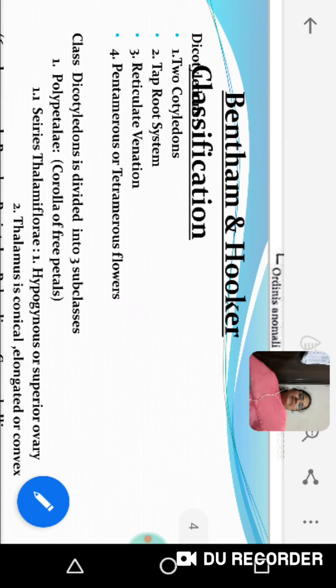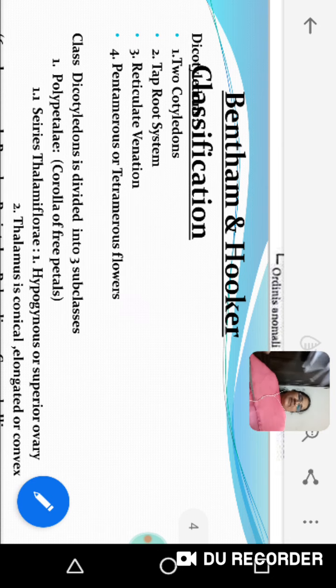Number one is the presence of 2 cotyledons. Second, presence of a taproot system, third, presence of reticulate venation in the leaves, and also pentamerous or tetramerous flowers. Pentamerous means the parts are in 5s: 5 sepals, 5 petals, 5 stamens. Tetramerous means 4 sepals, 4 petals and 4 stamens.